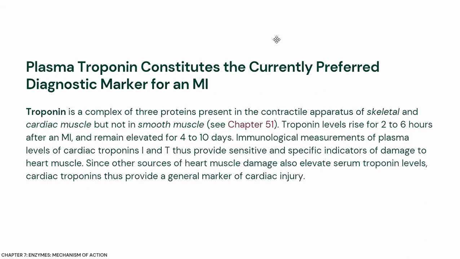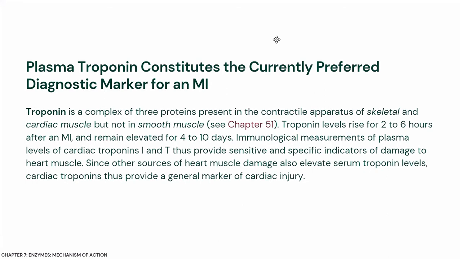Troponin is a very good determinant of your cardiac muscle integrity. So troponin level rises 2 to 6 hours after an MI.